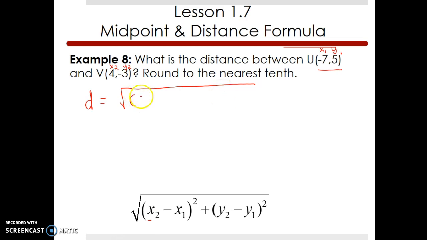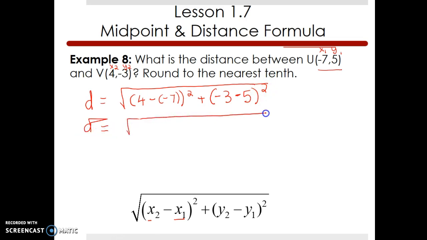So I said x2 was 4. So 4 minus negative 7, that's my x1, plus my y2, which is negative 3, minus my y1, which is just 5, and square that. So my distance equals, when I subtract a negative, I'm adding. So that gives me 11 squared plus negative 8 squared.